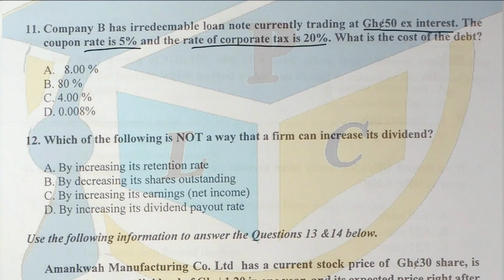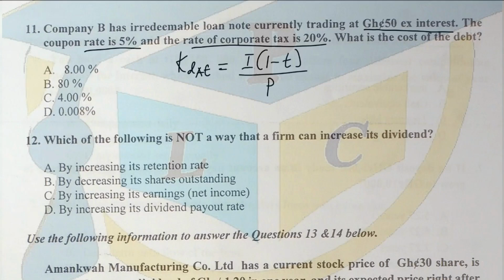So in this case, to find the cost of debt from this information, the cost of debt is going to be Kd after tax, meaning cost of debt after tax, which is the interest, that's the coupon rate, times bracket 1 minus T, where T is the corporation tax, and then divided by the price for that loan note, which is an irredeemable loan note.